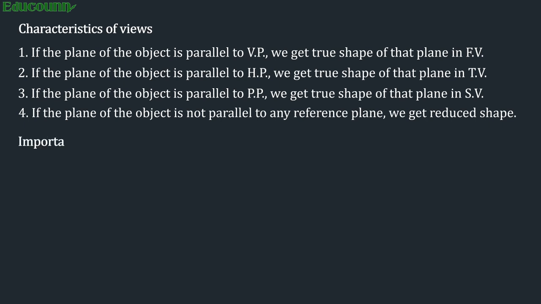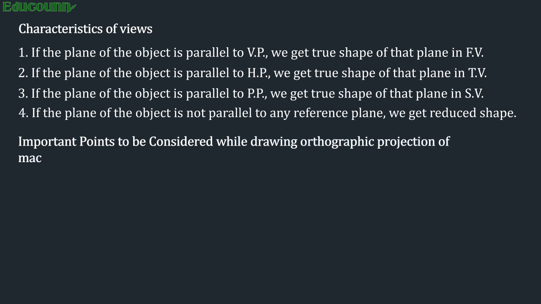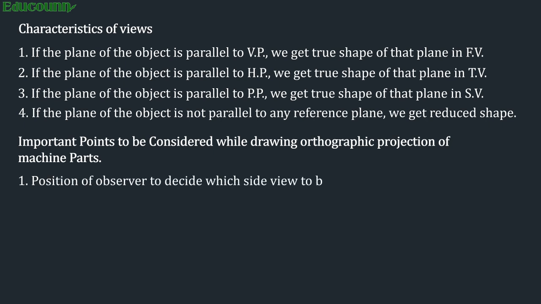Now, what are the important points to be remembered while drawing an orthographic projection of simple machine parts? Here the question in the form of a 3D object is given in front of you. What you have to do is decide which side view is to be drawn according to the position of the arrow which indicates the observer.